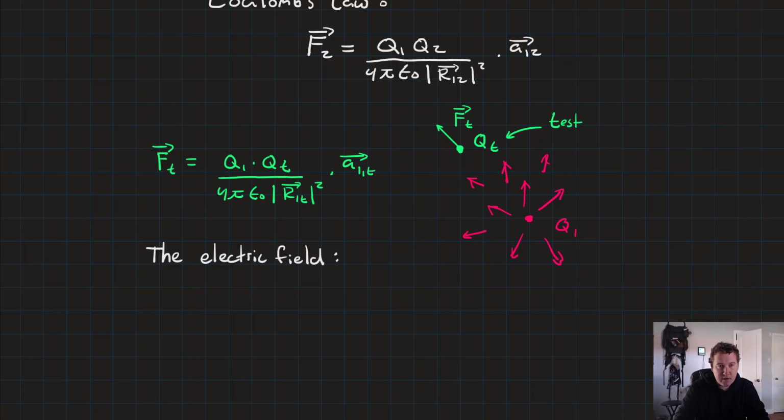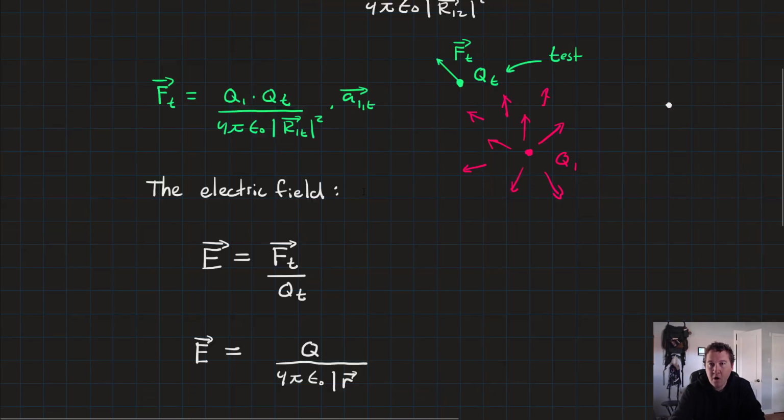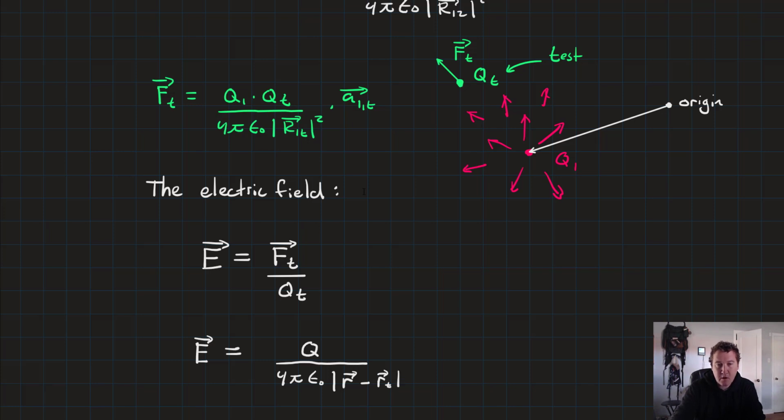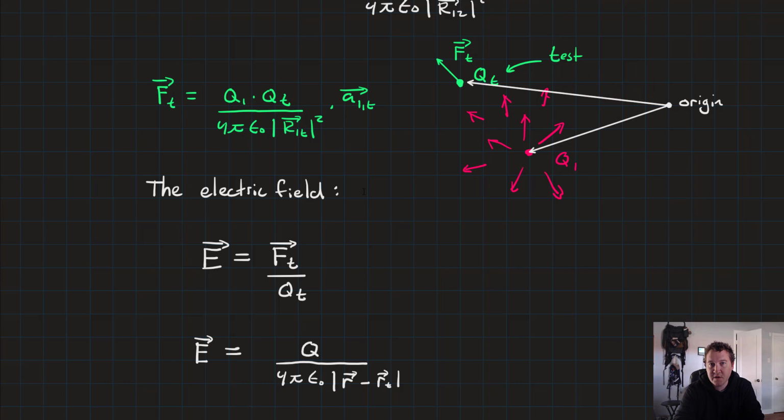So now we're ready to say the electric field, E, is given as just Ft divided by Qt, which is equal to just Q, now just the one charge we're looking at, over 4 pi times epsilon naught times the magnitude of R. R is the vector that extends from the origin to Q, and we'll say R is minus Rt, Rt being the vector that extends from the origin to Qt.